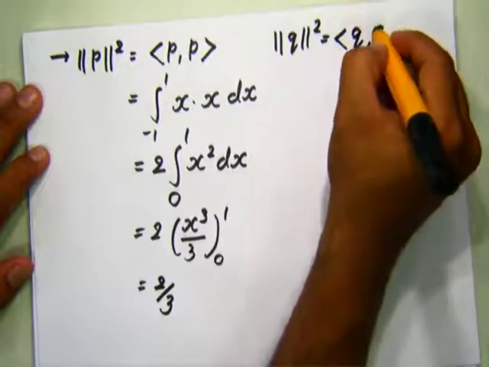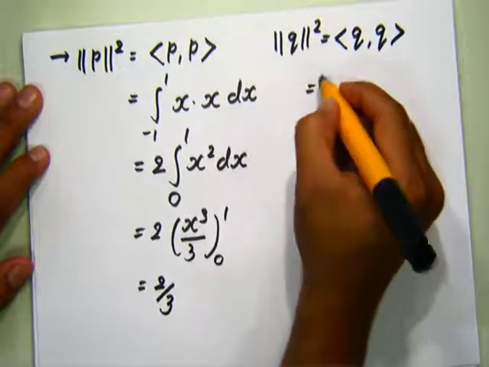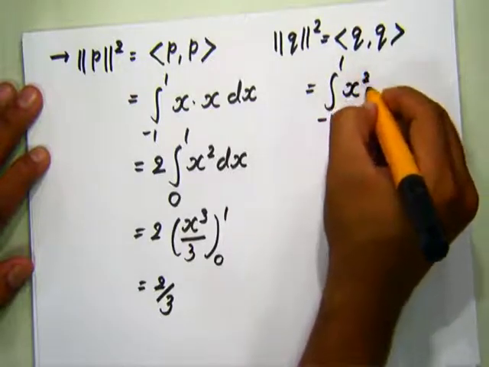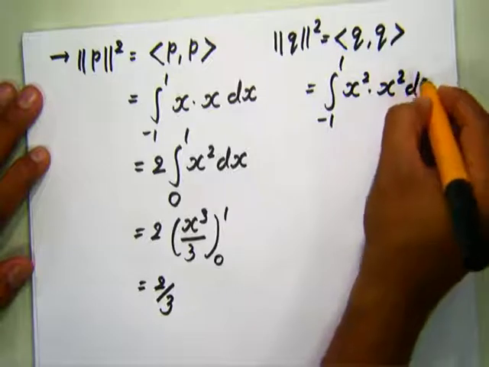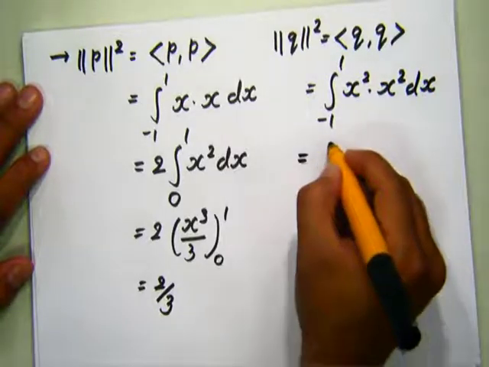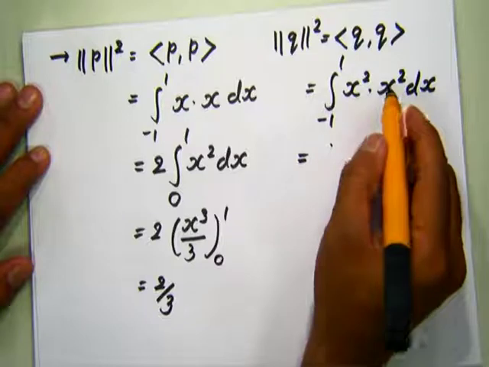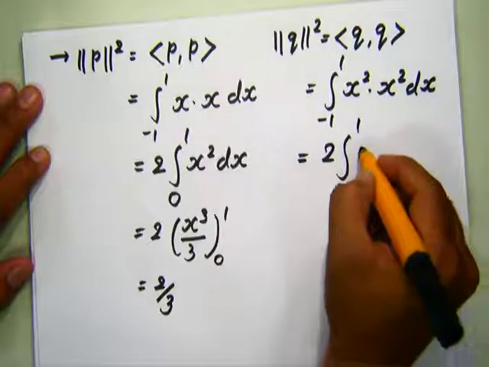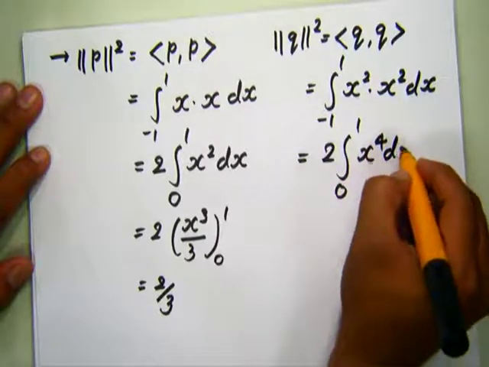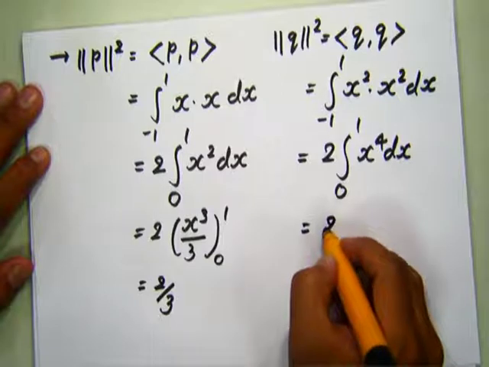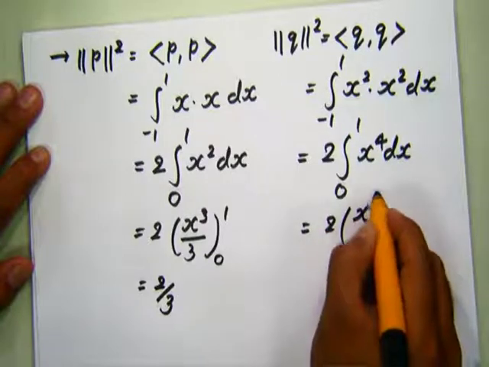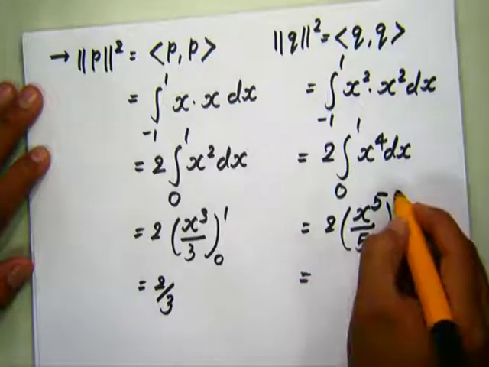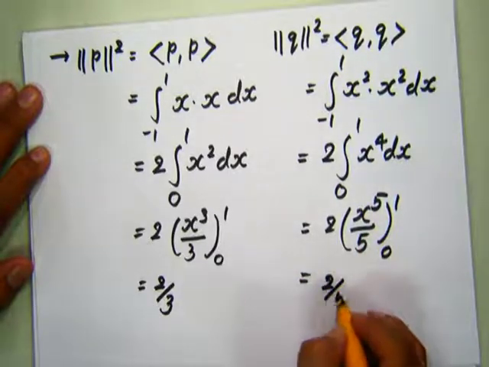And norm of q square is the inner product of q with q. This is the integral from minus 1 to 1 of qx into qx, so it is x square into x square because our qx is x square. So x square into x square is x raised to 4, and it is an even function. So 2 times the integral from 0 to 1 of x raised to 4 dx, and it is 2 times x raised to 5 by 5, and putting the limit we will get 2 by 5.